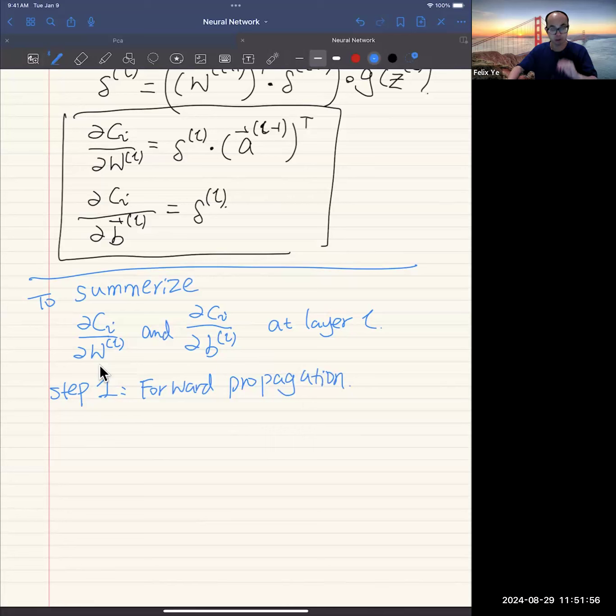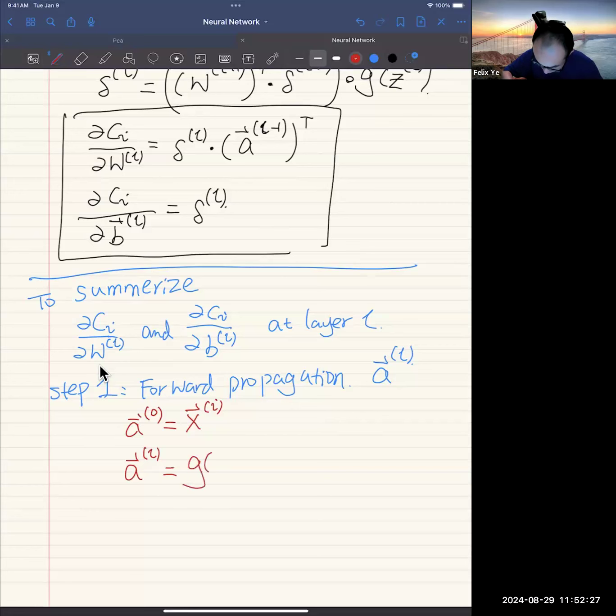That means to calculate all the A_L. So A_0 is the x_i, which is the input data, and all the A_L are calculated from left to right.